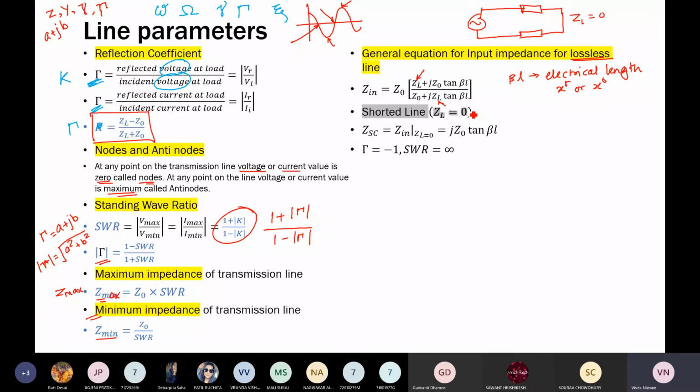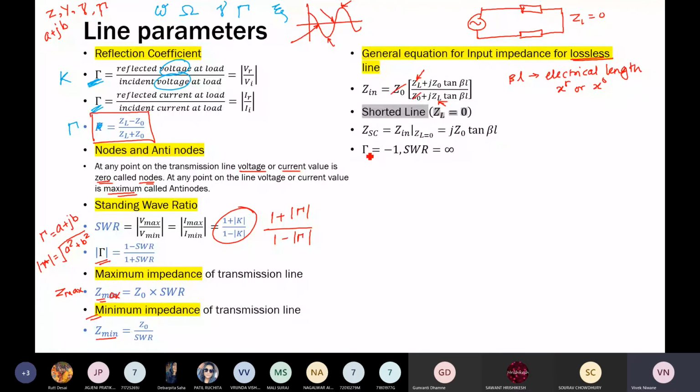Oh yes, I have written it correctly. Fine. Because when we put ZL equal to 0, in the denominator Z0 and Z0 cancel out and we are left with jZ0 tan beta L.